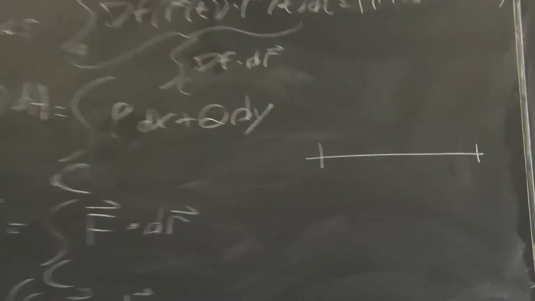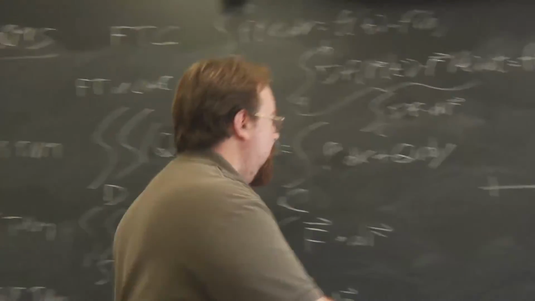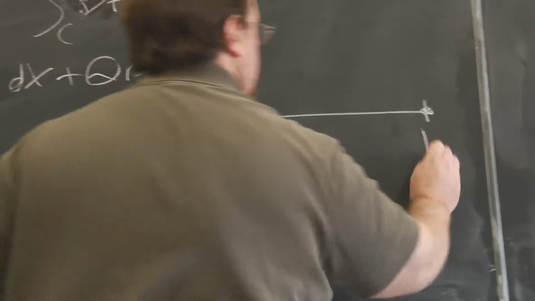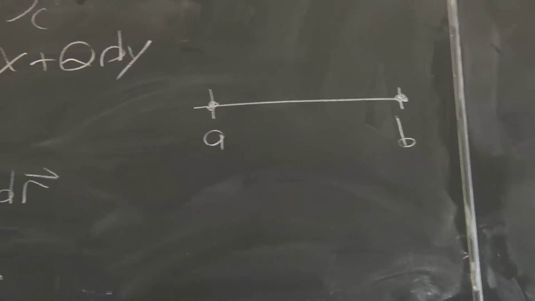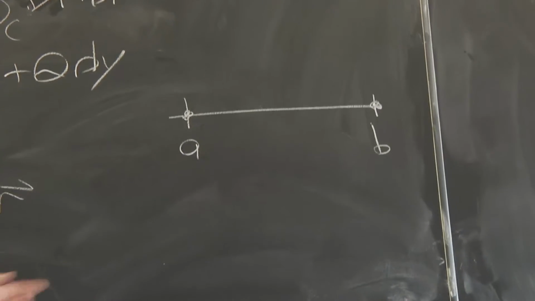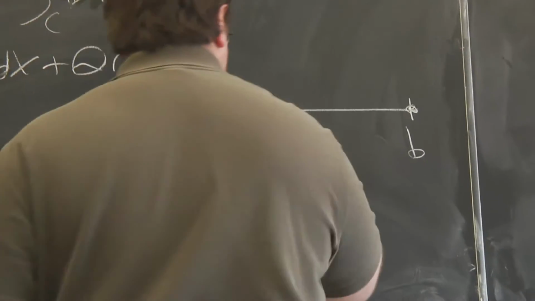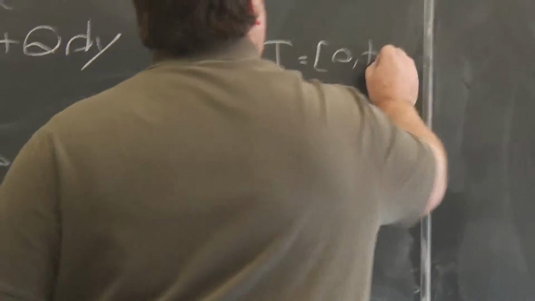So if we take some liberty here and define the integral over a zero-dimensional region with just the points a and b, we call this interval I, the interval ab.